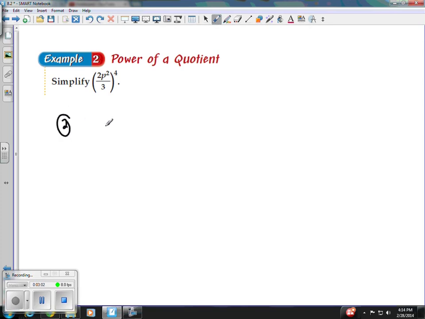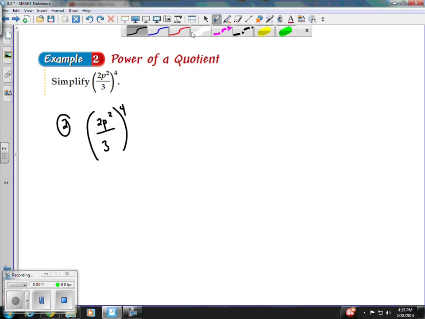So example 2. We have 2p squared, all over 3, to the 4th power. So this one has multiple steps in that we need to worry about our exponent and our division. So this is where the order of operations kicks in. We have to use our exponent before we can divide.